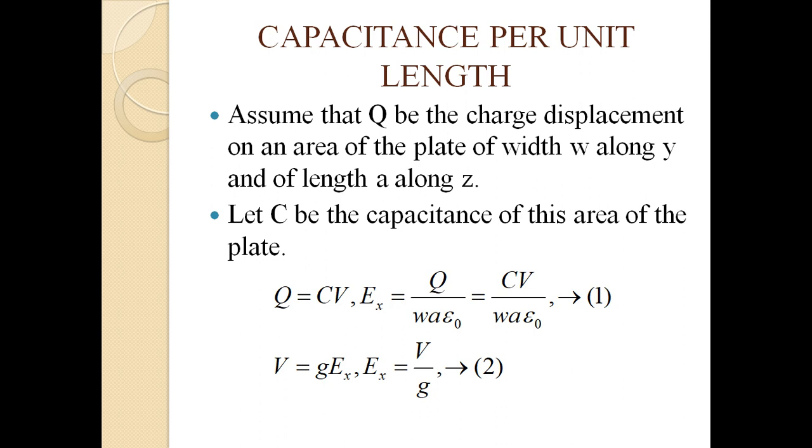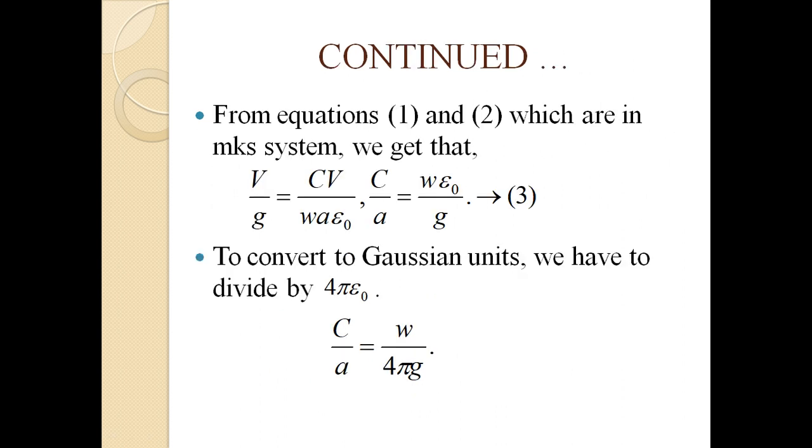The potential is equal to G into Ex, and so the electric field is given by V by G. From the above equation, we get that V by G equal to CV by WA epsilon 0, and this is equal to C by A equal to W epsilon 0 by G. So the capacitance per unit length in the MKS system is given by W epsilon 0 by G. Here W represents the width of the plate along y direction and G represents the separation between the plates.